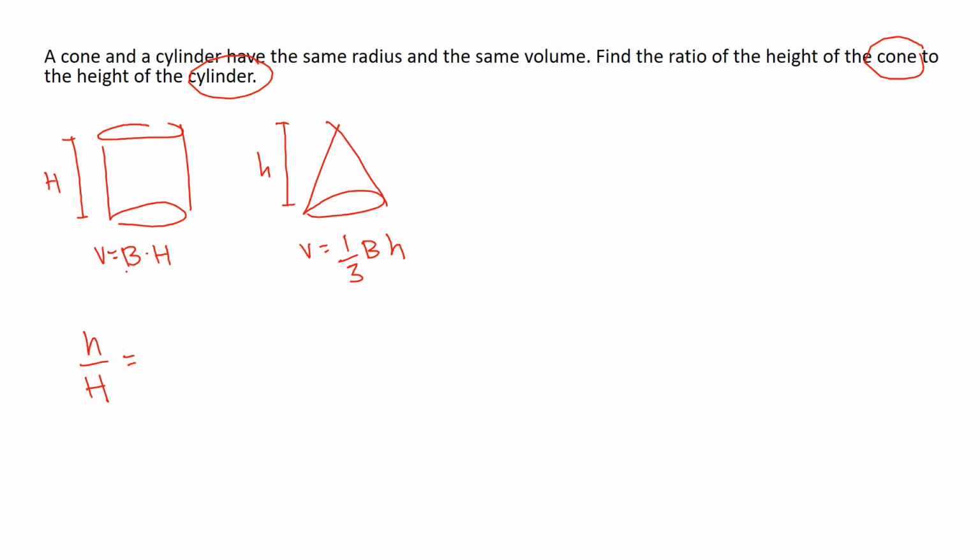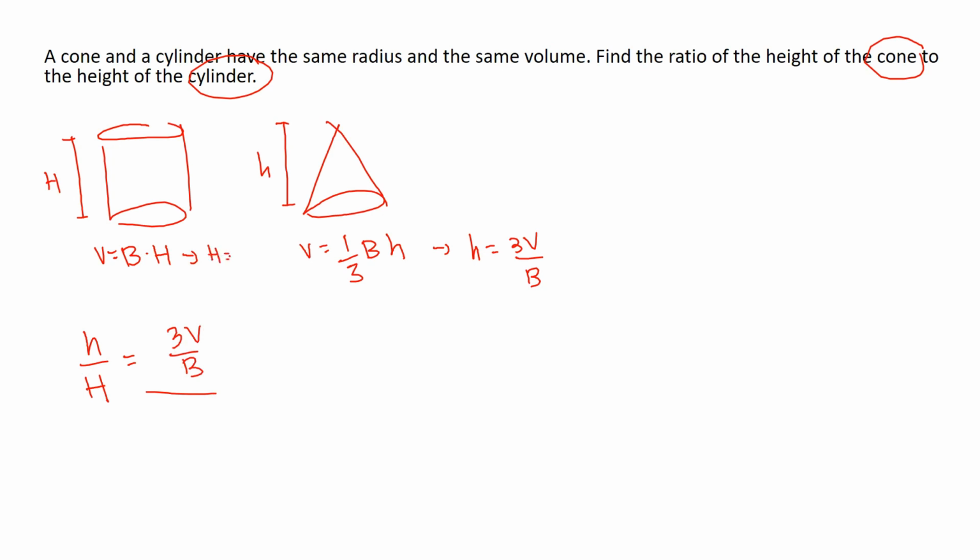So, for our equations for the volume, you can rearrange that. If we rearrange this, h is just 3V over B. So, 3V over B. All over, this other one, rearranged, class.